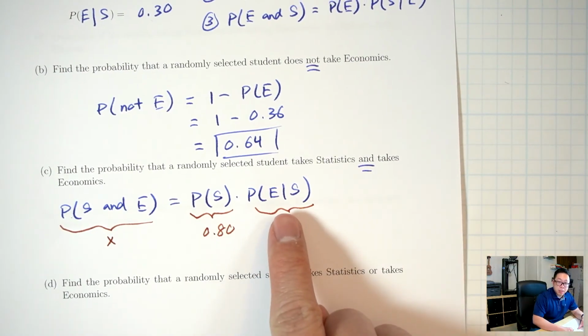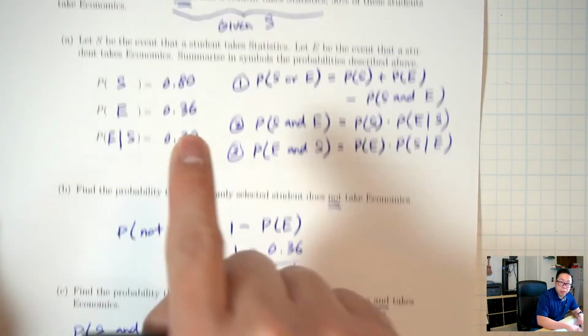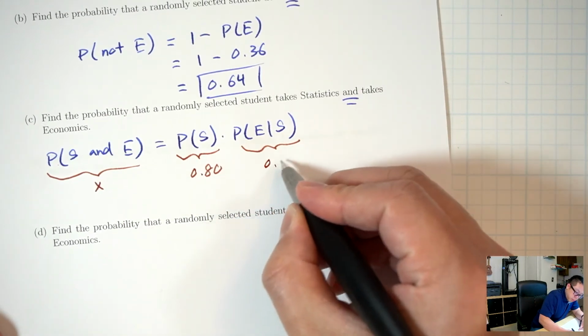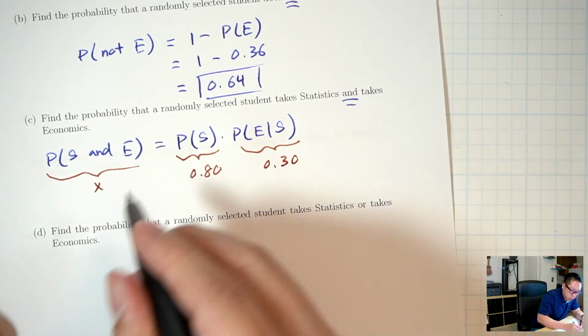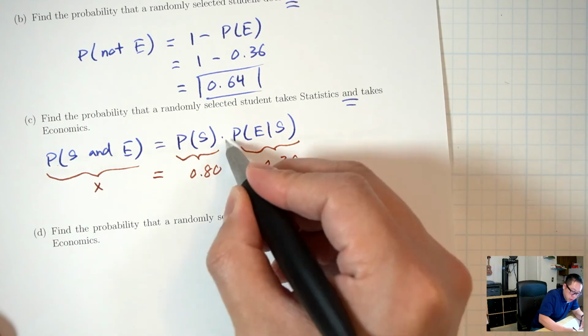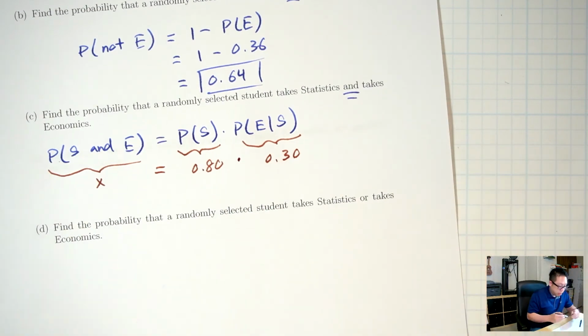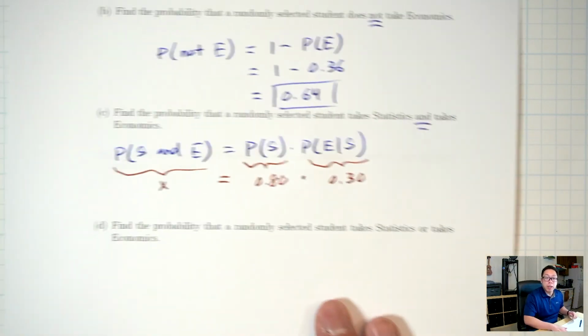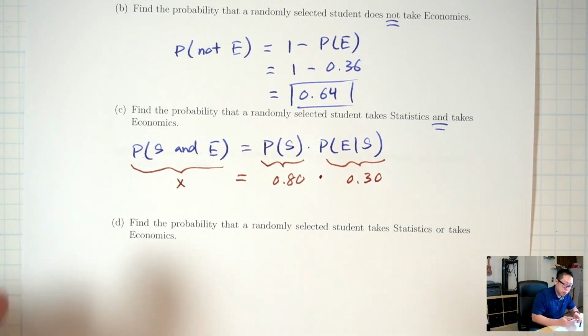Probability of E given S, 0.30. And then fill in the symbols. Right here is an equals. Right here is a multiplication. And then get the X by itself. So right now the X is already by itself. So all you need to do is do the right side.